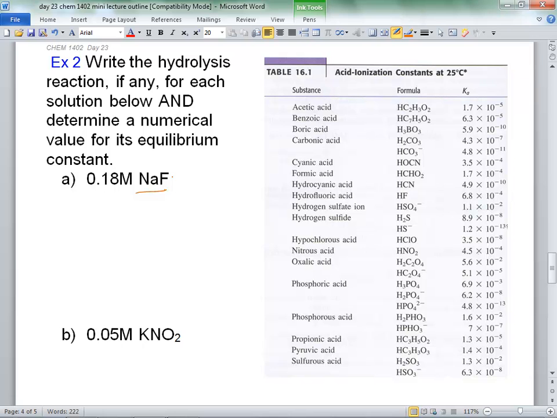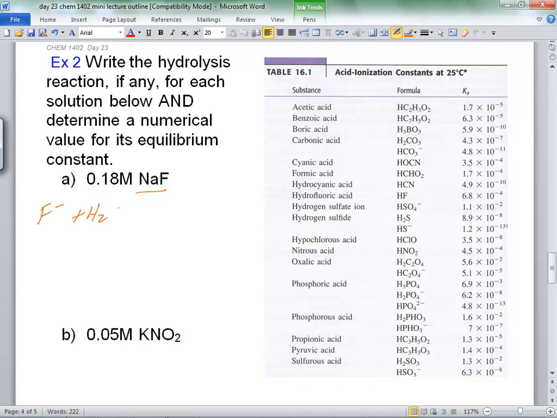You have NaF. That means you don't have HF. You have F. There you go. Technically, you have F minus. And then give me the Kb. You've got to give me what the Kb is going to be. So hopefully you're writing a Kb reaction.